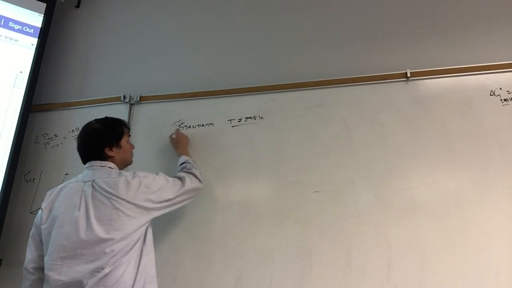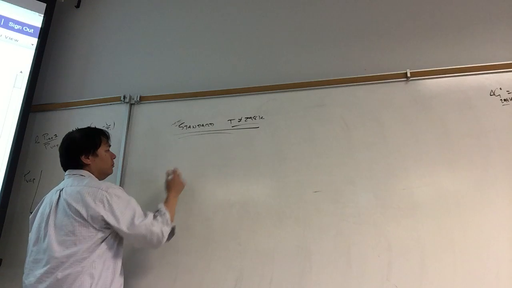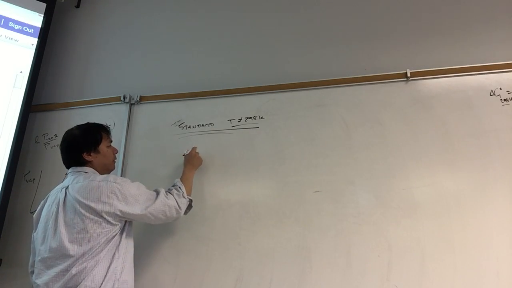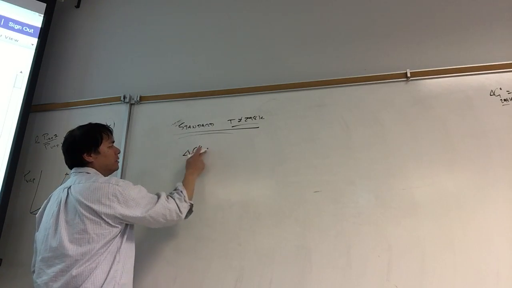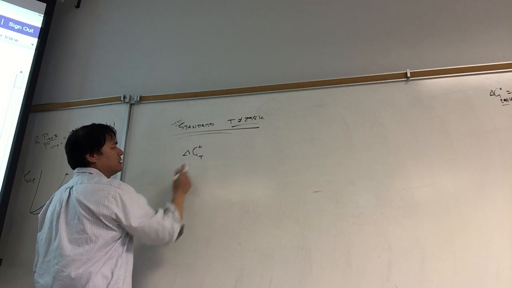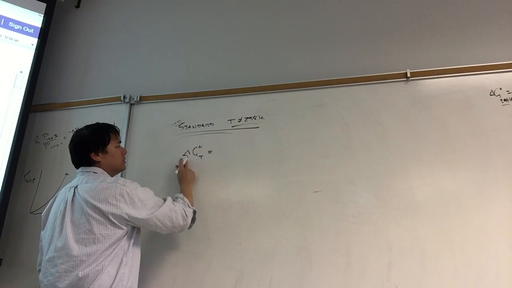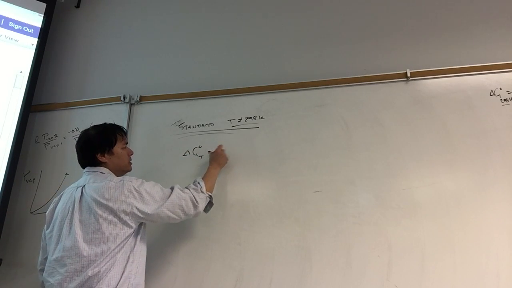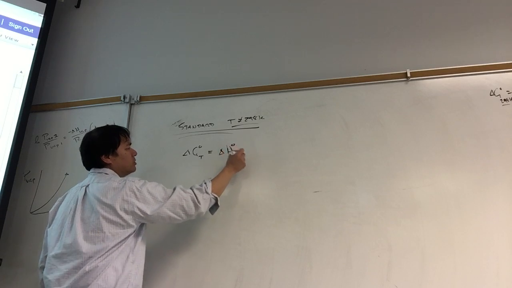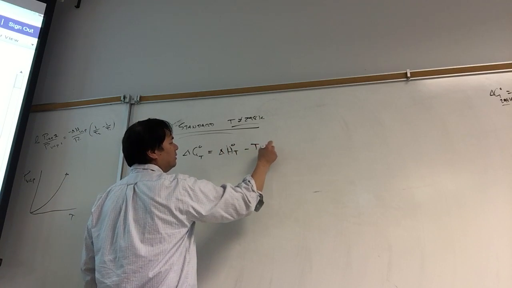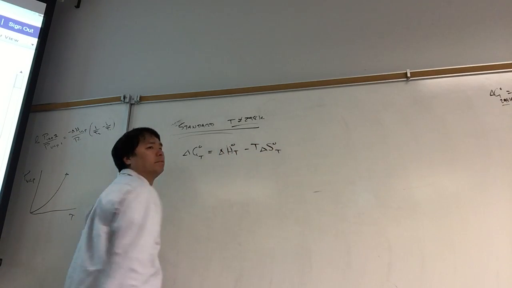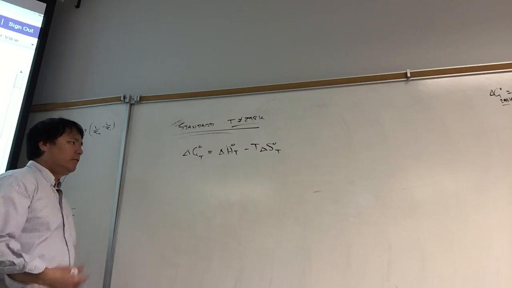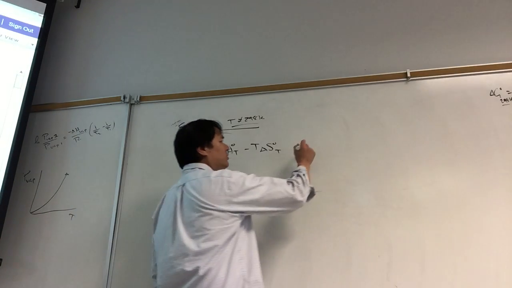And so what we do here is, if the temperature's not equal, we're doing standard conditions, so that stays the same, but it's at some generic temperature T. And so delta G naught at temperature T is equal to delta H naught at temperature T minus T delta S naught at temperature T. And then we might go, well, I want to do it the easiest way.